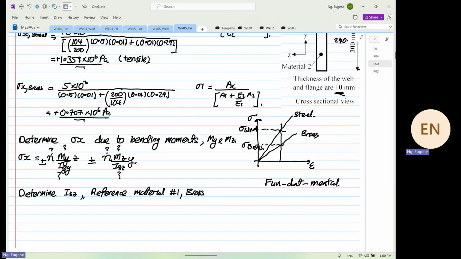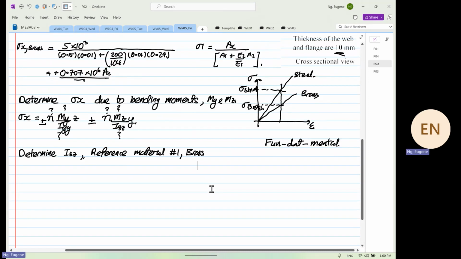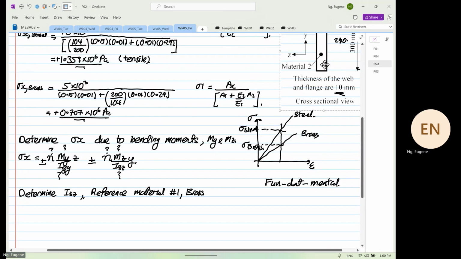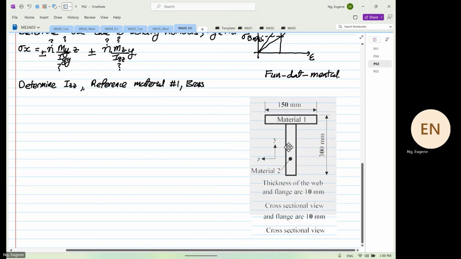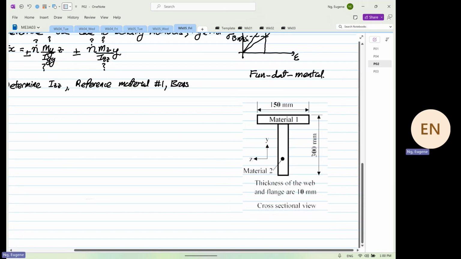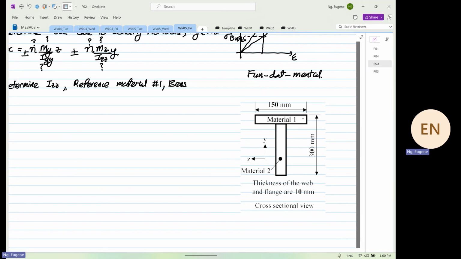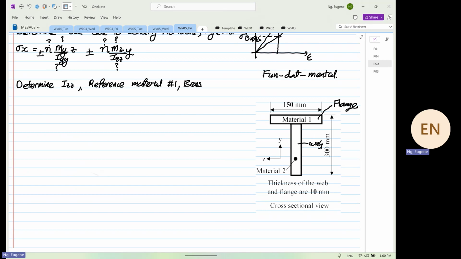Okay. So now, looking at this diagram over here, I'm going to call the top part our flange. The bottom vertical part is known as our web.